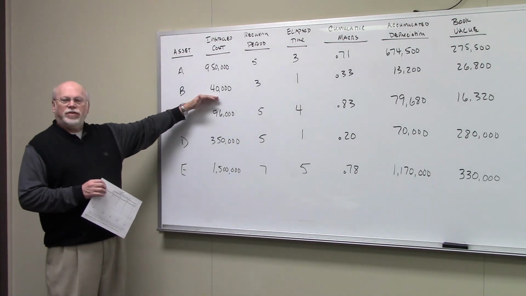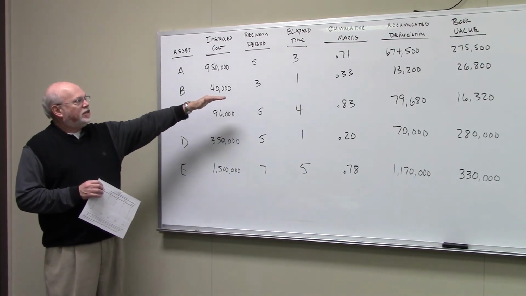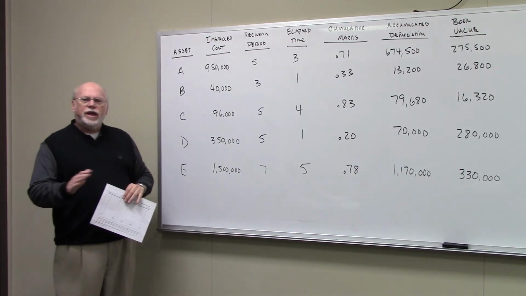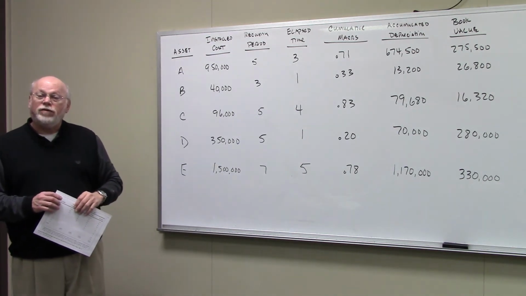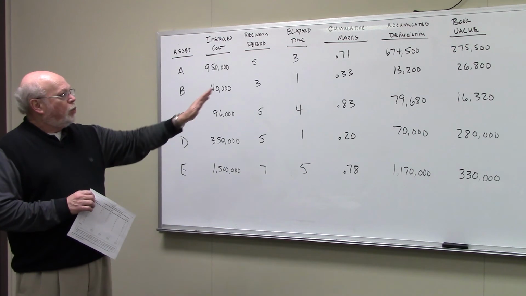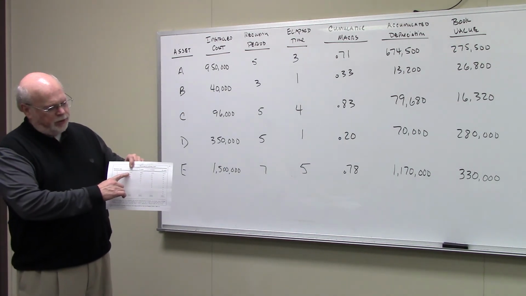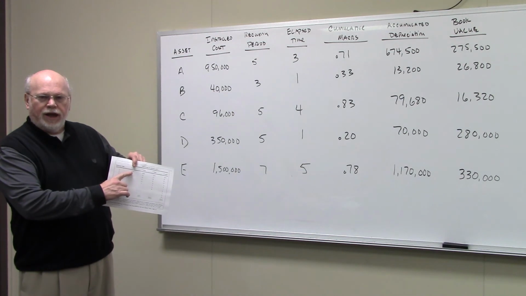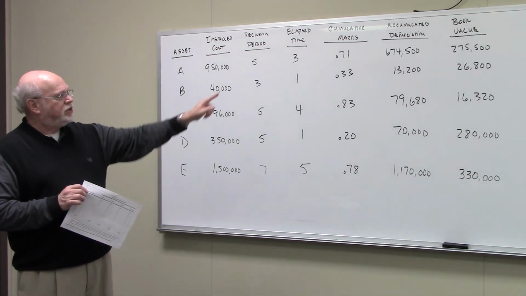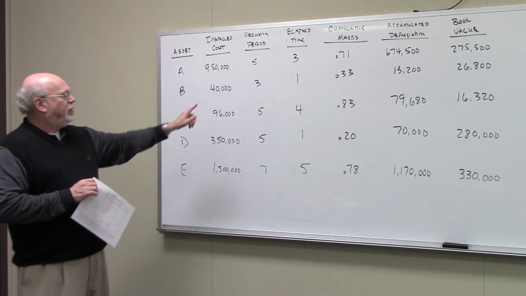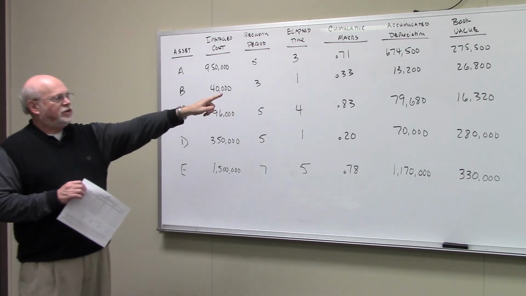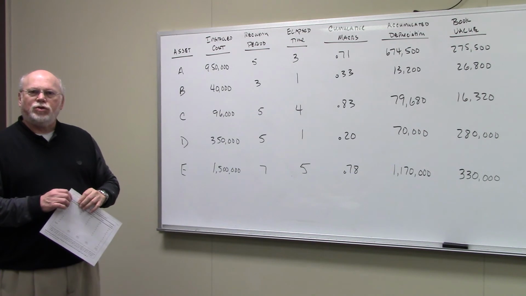Asset B is a $40,000 asset. It's in the 3-year recovery period. We've owned it for a year. What's the cumulative MACRS? That would be the first number under the 3-year life column, and that's 33%, 0.33. And 0.33 times 40,000 would be 13,200.